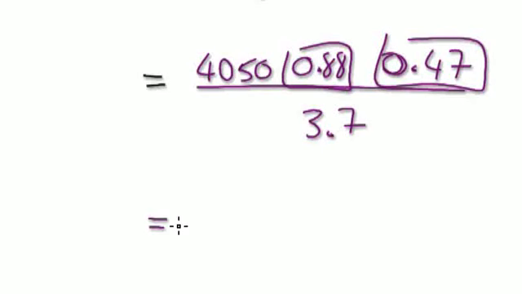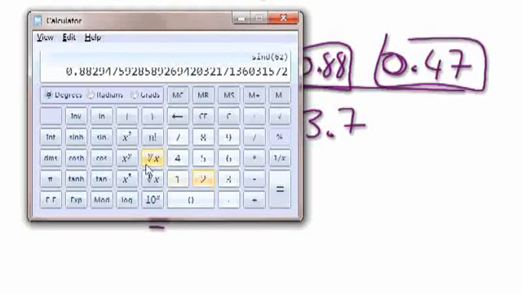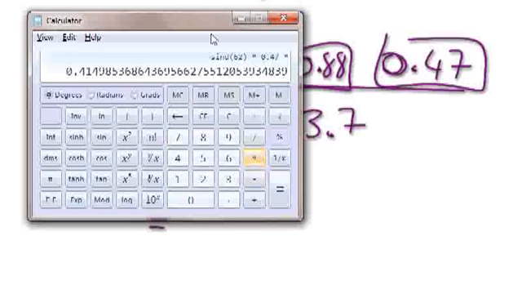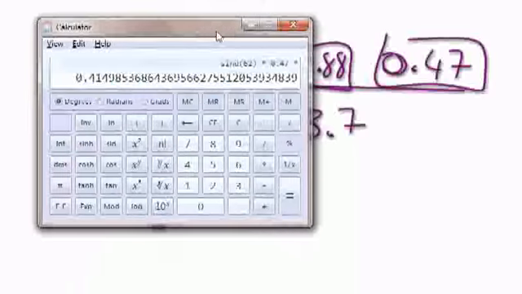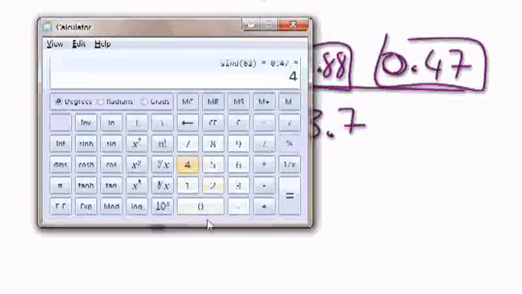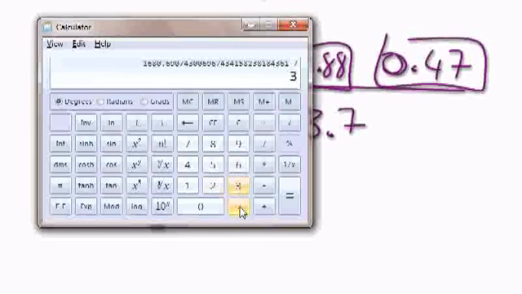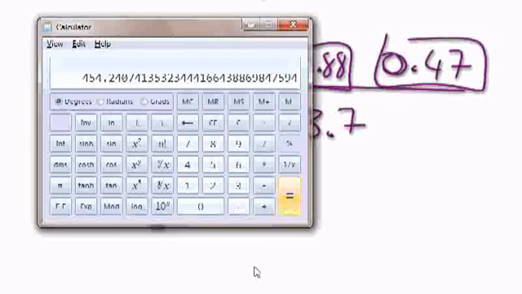So hang on, let me just do this here. So it's basically this times 0.47, and then times that big number, 4050, equals that, and then divided by gravity, divided by 3.7 equals this.